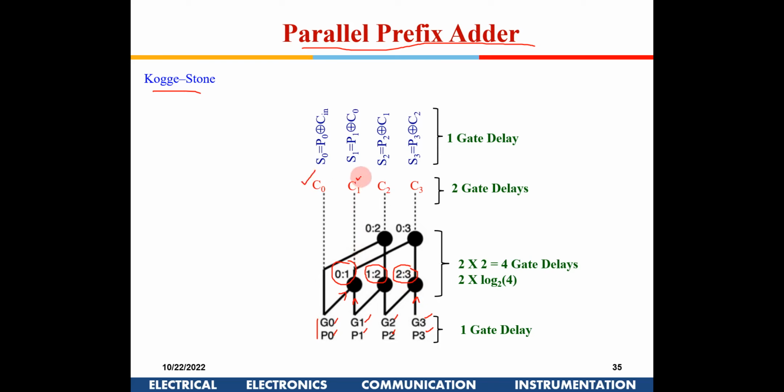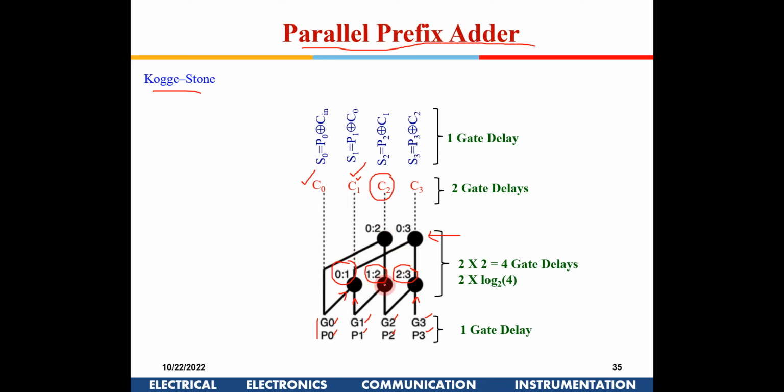But to generate C1, I have G1 P1, and I require G0 P0 also, right? Both 0 and 1 are available here, so C1 I can generate. For C2, this is giving just 1 2, and this is giving 0 1. 1 2 is not adequate to generate C2. So I am taking this also, and using the second level of operator here.